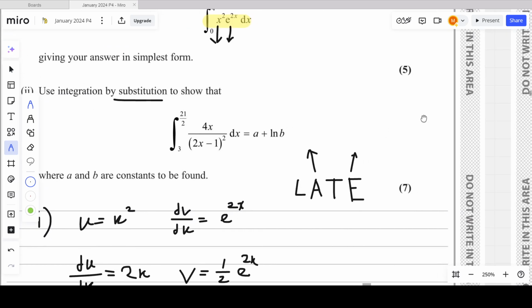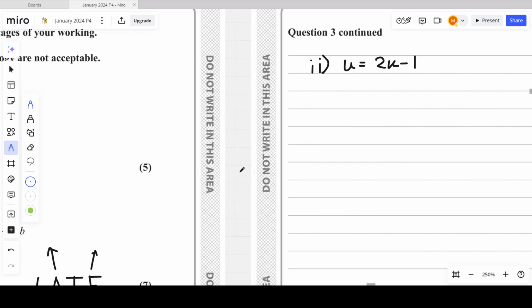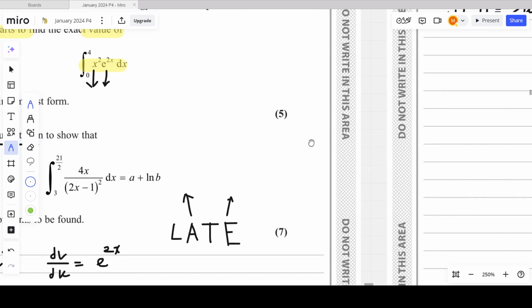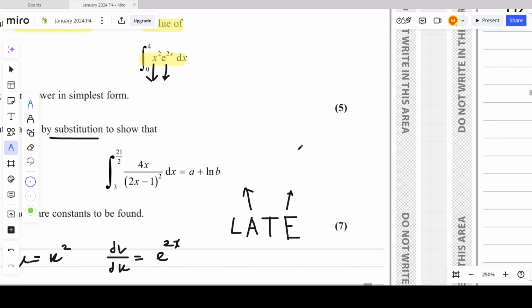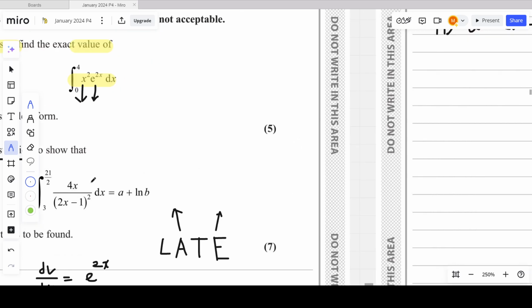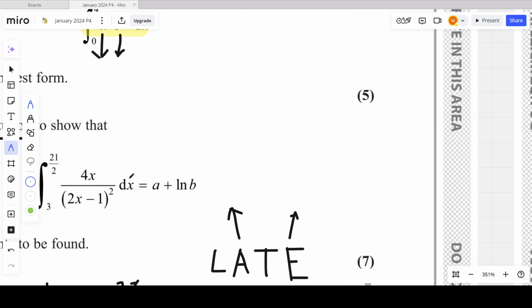Okay, so if u equals to 2x minus 1, now what's the main goal of integration by substitution? The substitute is u, so that means all the terms with x have to be transformed to u, right? So let's get a substitute for dx.